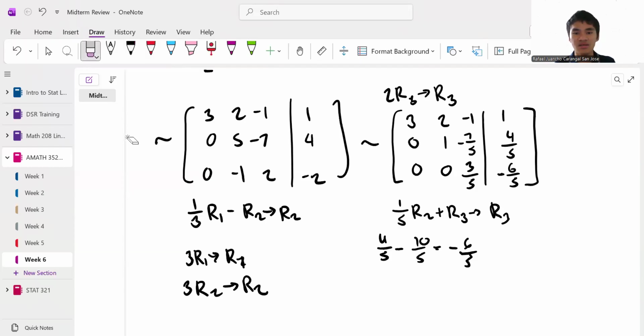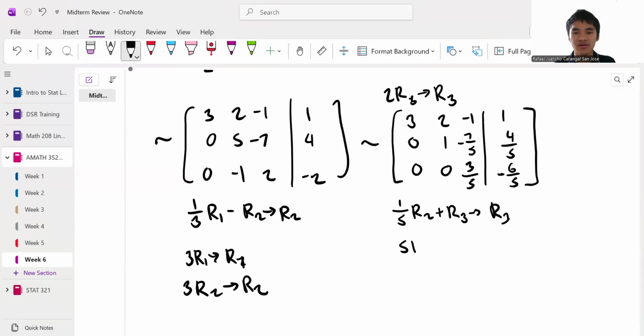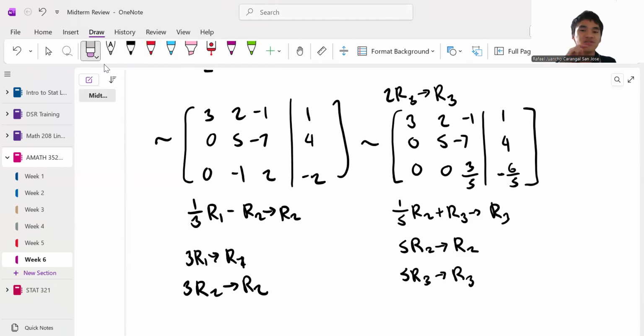And then again, I would multiply row 1, no, not row 1, row 2 by 5, and then row 3 by 5 as well. So this would bring me back to this original one, 5, -7, 4. I just don't want to work with fractions. And this one would give me 3, -6, which is a nice number.